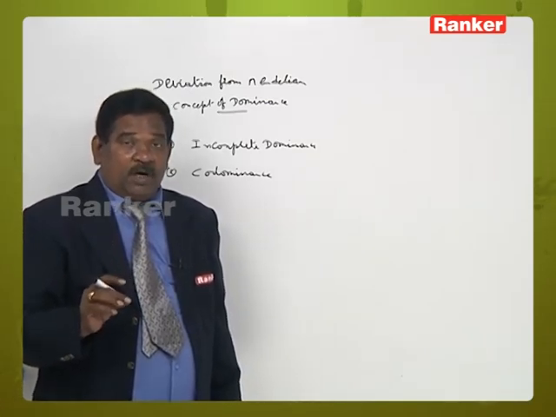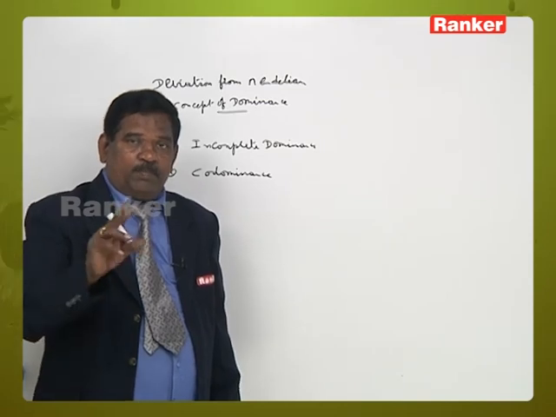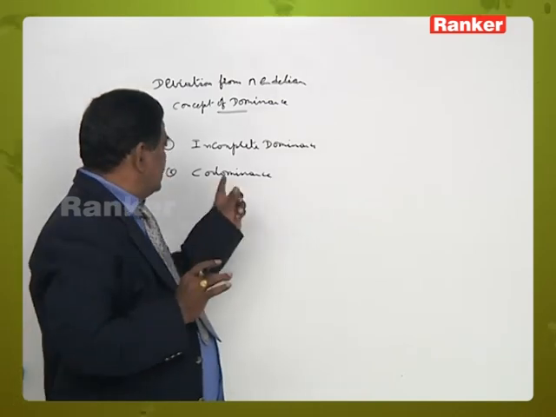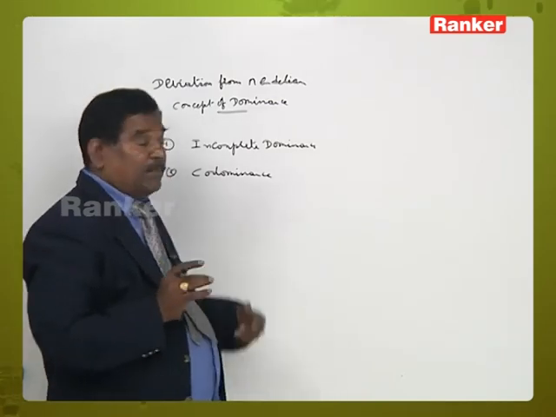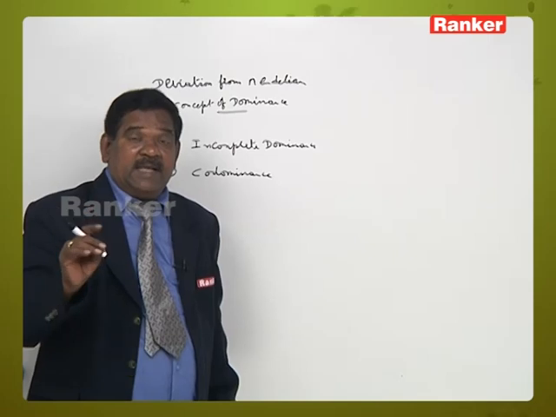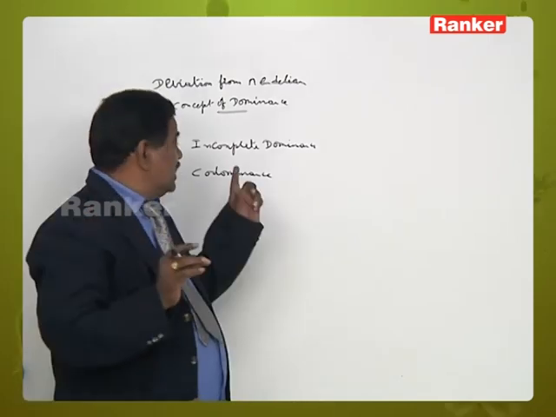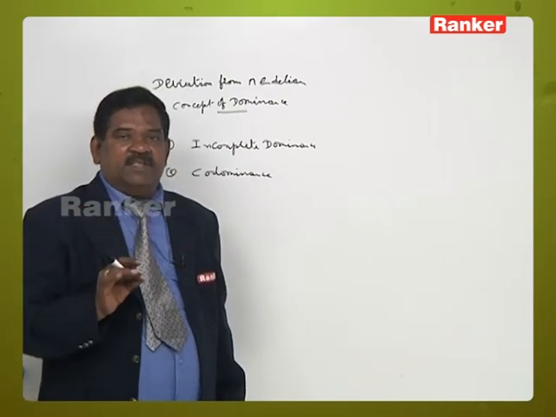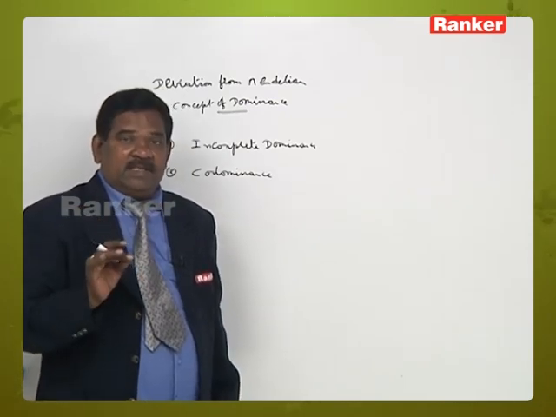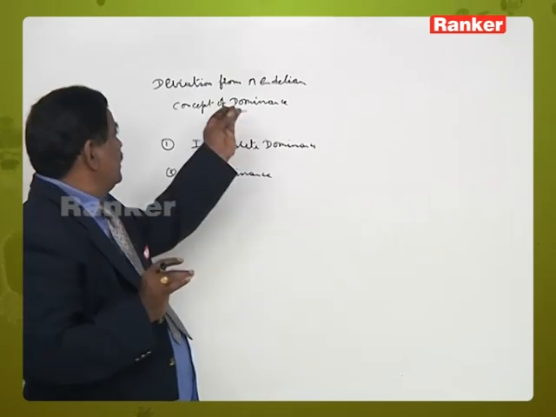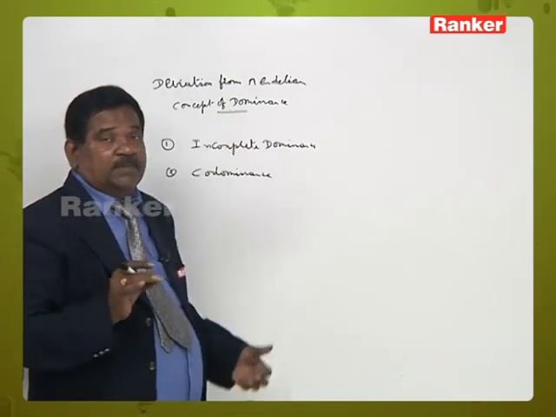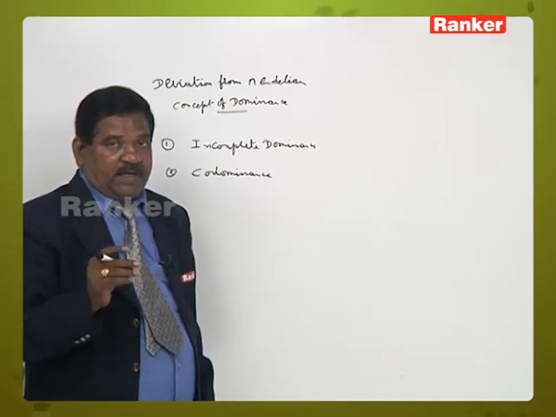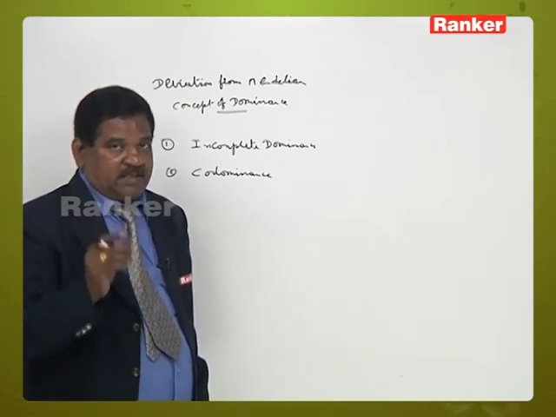In codominance, both parental characters are expressed in the F1 generation. So that's why these two come under the deviation from Mendelian concept of dominance.